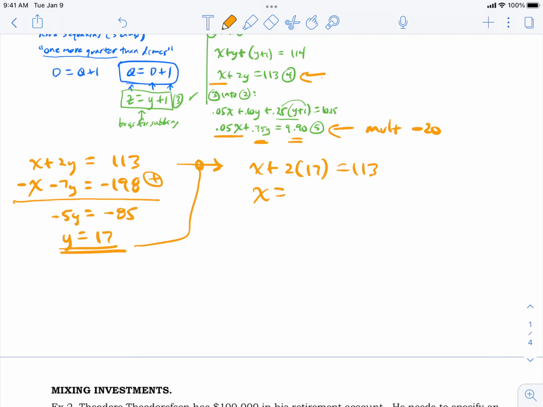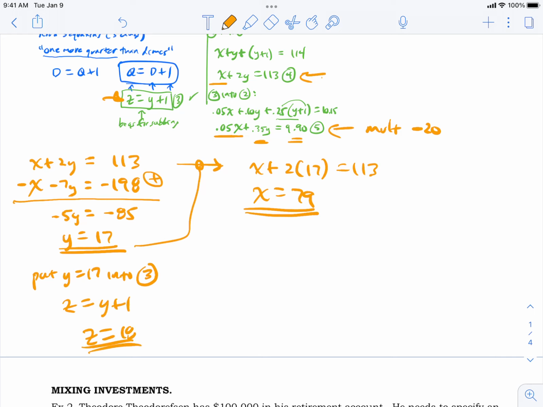So x is 113 take away 34. Let's see, 113 take away 4 is 109, take away 30 is 79. And then, you know what, I might as well just come right up here to equation 3. Put y equals 17 into equation 3, because it says z is basically equal to y plus 1. So z is equal to 18.